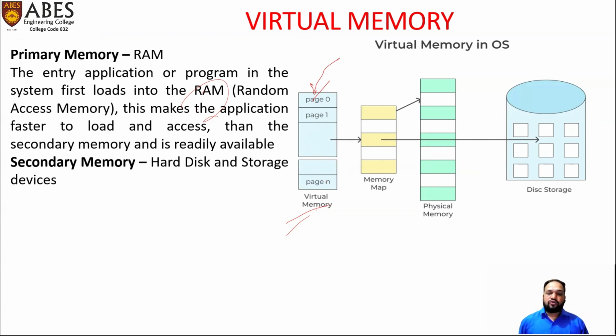All those pages are referenced with some memory mapping, and we'll discuss the techniques later. Those memory mappings will fetch the pages which are missing when required. So those are located inside the physical memory.